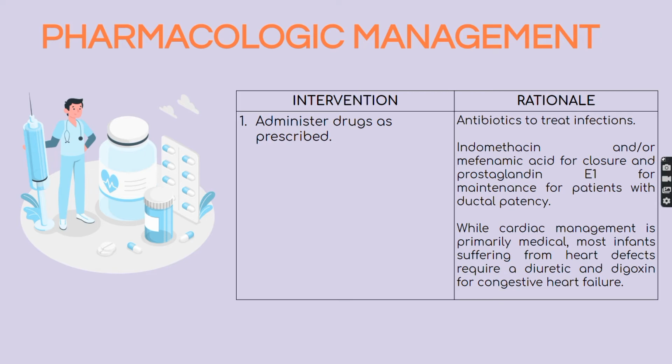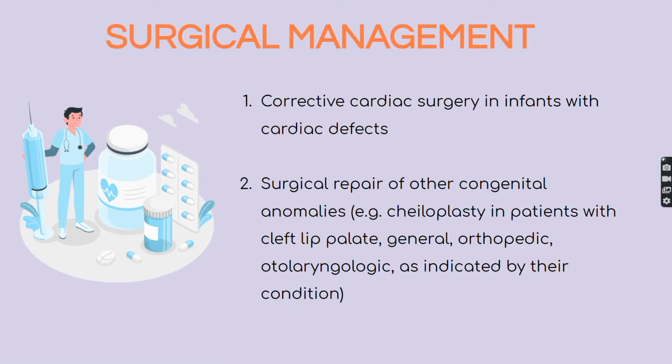While cardiac management is primarily medical, most infants suffering from heart defects require a diuretic and digoxin for congestive heart failure. For surgical management, corrective cardiac surgery helps increase survival rate in patients with trisomy 18 suffering from cardiac defects and is proven to be effective in preventing congenital heart defect-related deaths.